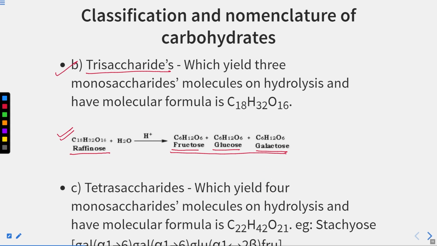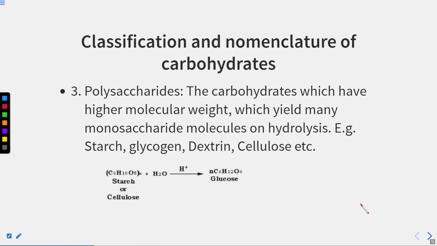Another is the tetrasaccharide, which yields 4 monosaccharide molecules on hydrolysis and has the molecular formula C22H42O21. That is stachyose. In the figure, we will see how it has these 4 monosaccharides.